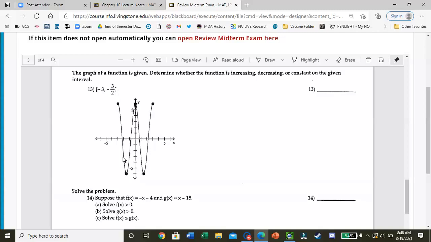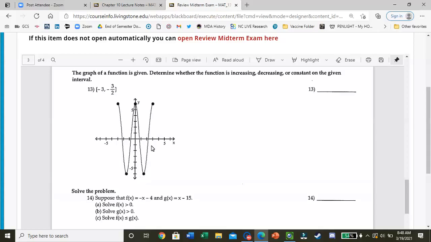So let's say that we wanted the interval from -3 halves to 0. Now what's the function doing? Is it increasing, decreasing, or constant? It's increasing. So what other interval is the function increasing? Let's say this is 1 1/2.